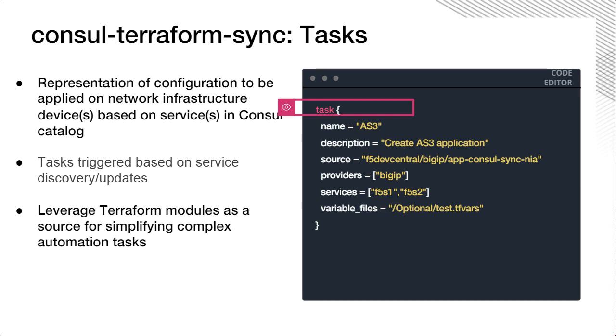In this circumstance, maybe it's updating that member pool or making a change to AS3. Whenever something happens in the environment that Consul detects a change of, it's going to ask Consul-Terraform-Sync to execute this on its behalf. So that's that real automation process. This is where I can define things for operators so they don't have to do it manually. It becomes very self-service, very API-driven.